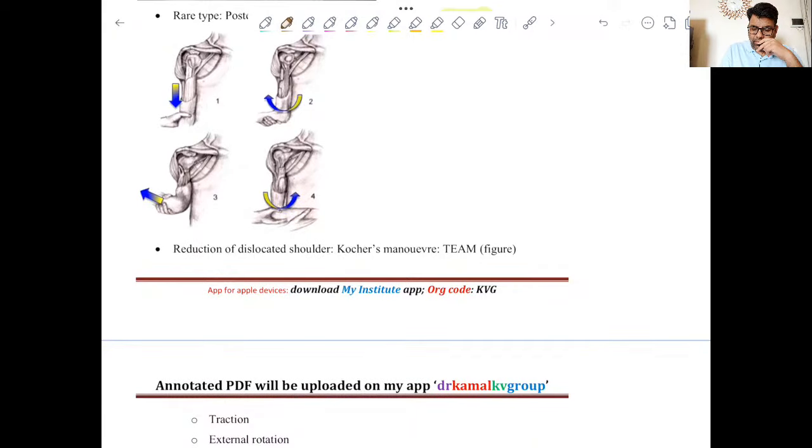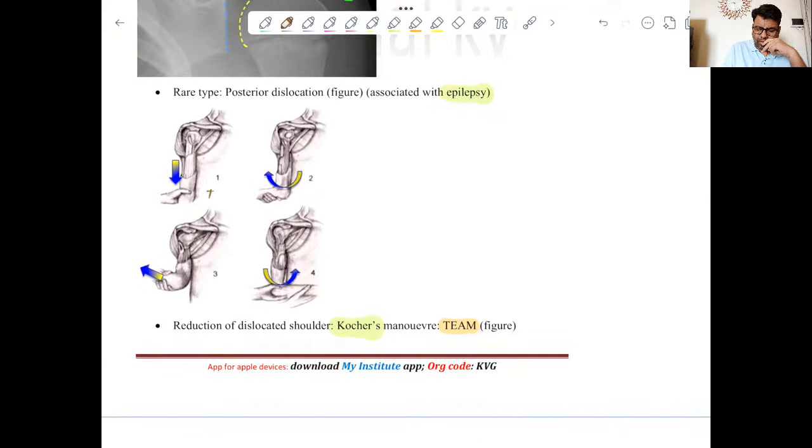Now for doing reduction of dislocation, we can use a Kocher's maneuver where the mnemonic is TEAM. So T is for traction, right? E is for external rotation, A is for adduction, and M is for medial rotation.